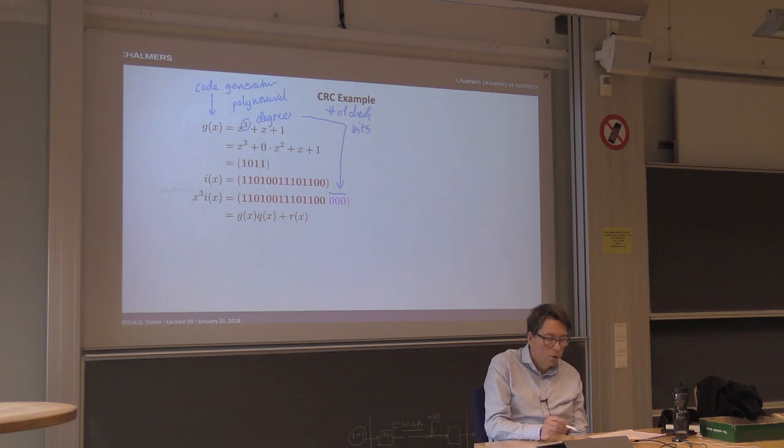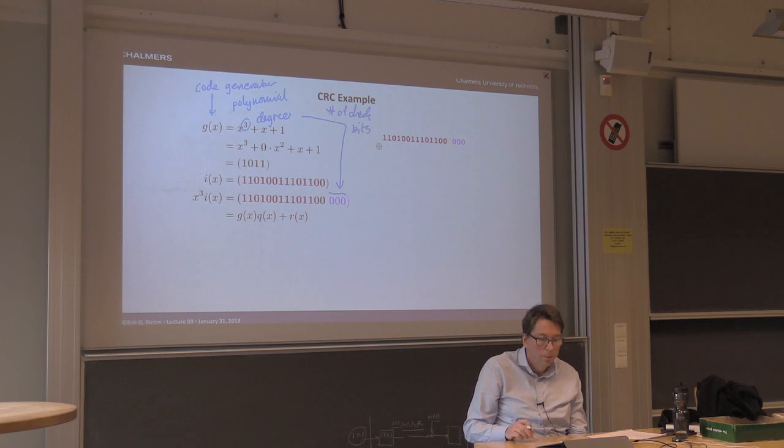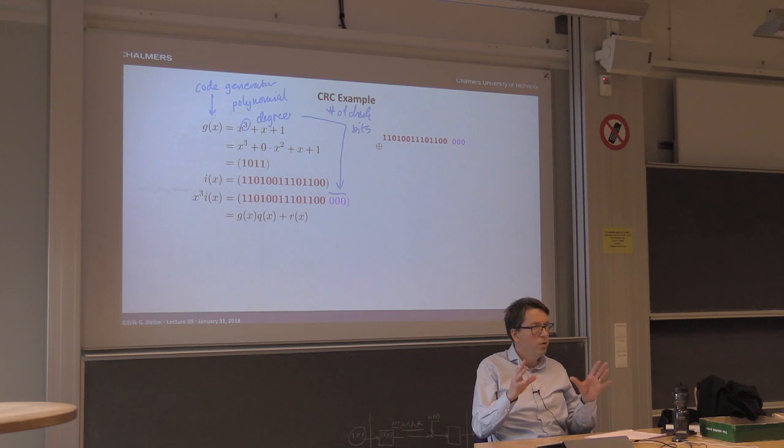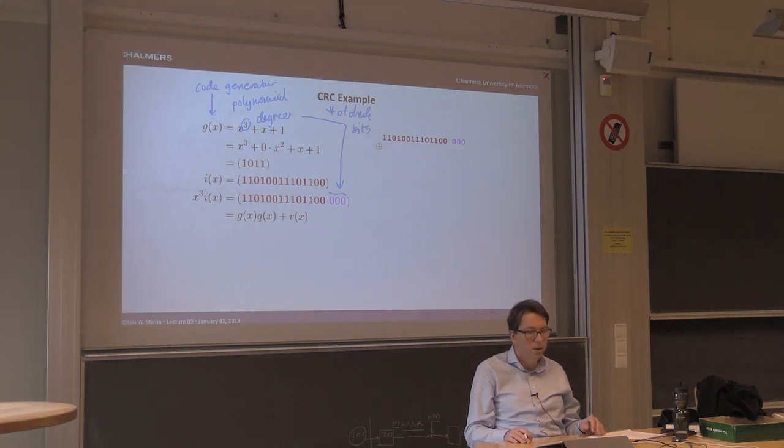Okay, so what we want to do then is we know G, we know I, we want to calculate R. Okay, so let's do that. Long division, it's not difficult, it's a little bit tedious, and sometimes it's hard to see on a piece of paper how this is done, so it's most easily done interactively like this.